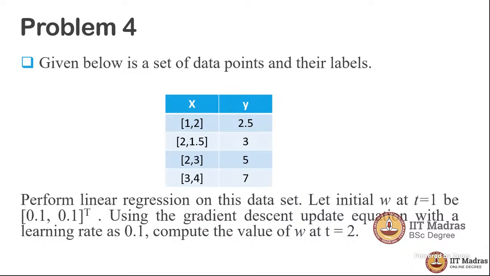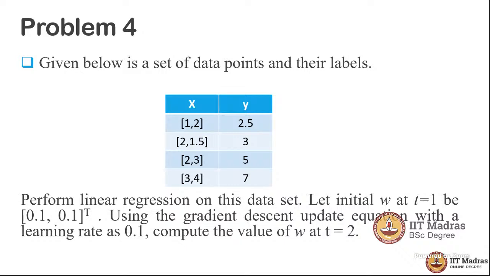For our gradient descent rule, we compute the gradient value, del F, which is equal to X transpose X W minus X transpose Y. Then you find that gradient value and use it to find the updated weight value. So we get the gradient value, then W minus the learning rate 0.1 times that matrix will be the value at t equal to 2.